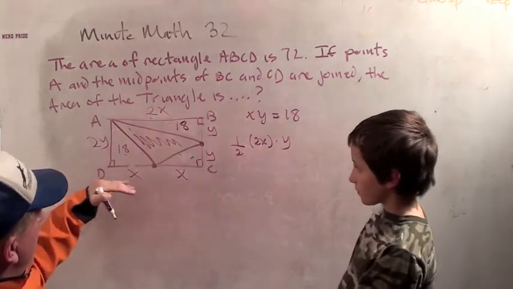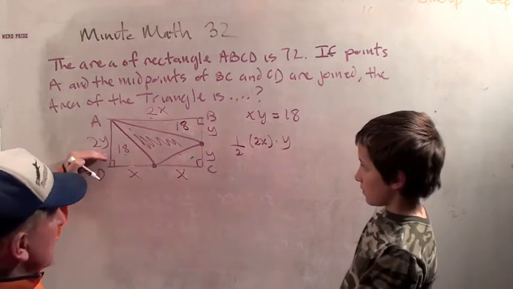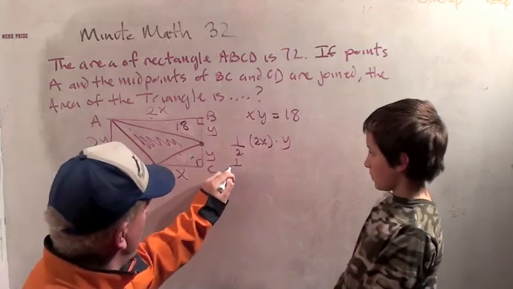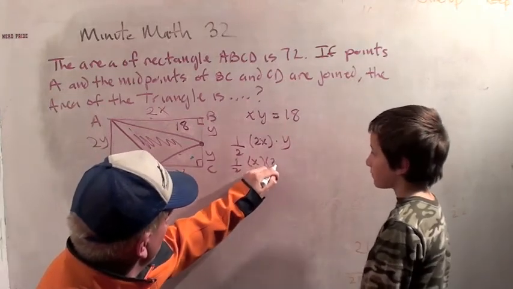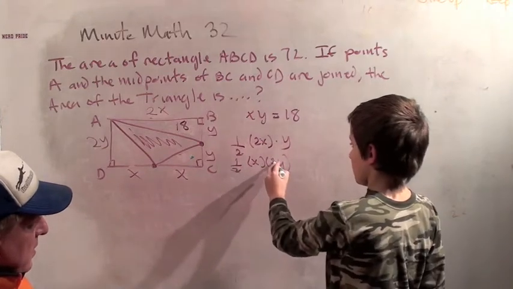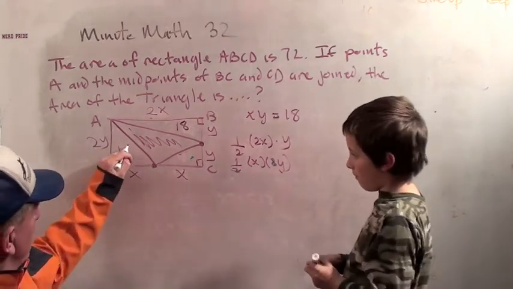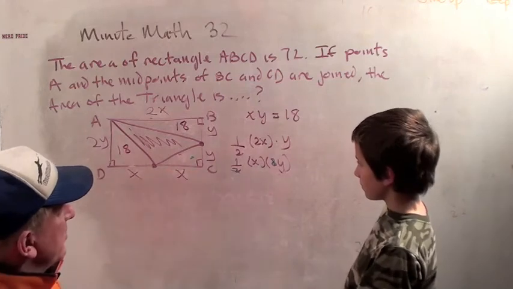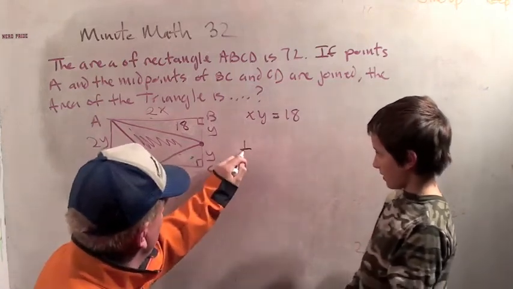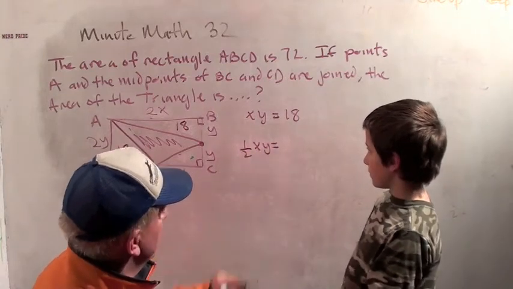This one is 1/2 times x times 2y. You can still cancel the 2's and you get 18 again. This is 1/2 times x times y, which is half of 18. 1/2 xy, which is 9.